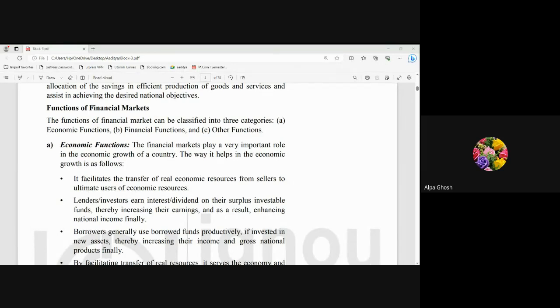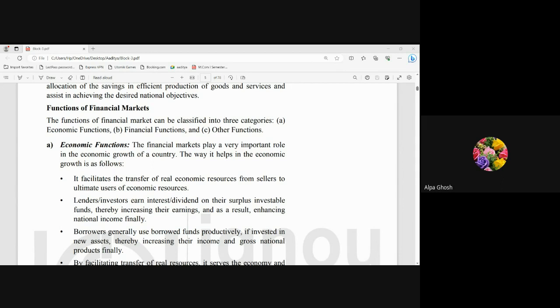When we talk about economic functions, we need to understand it in terms of economic objectives, where transfer of funds, profits, growth and capital creation take place. The first one is the transfer of economic resources from sellers to ultimate users, that is, transfer of resources from the lenders to the borrowers.